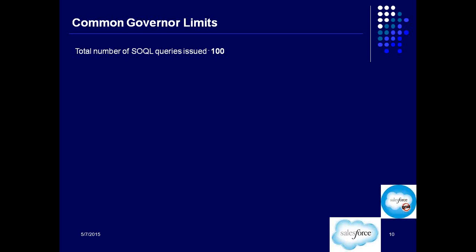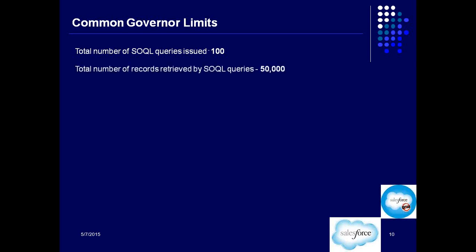So it will just get executed 100 times, and the 101st time it will throw you an error, an exception. Correct. So while you're writing the code, you need to make sure that you are not executing your SOQL query more than 100 times in a transaction.